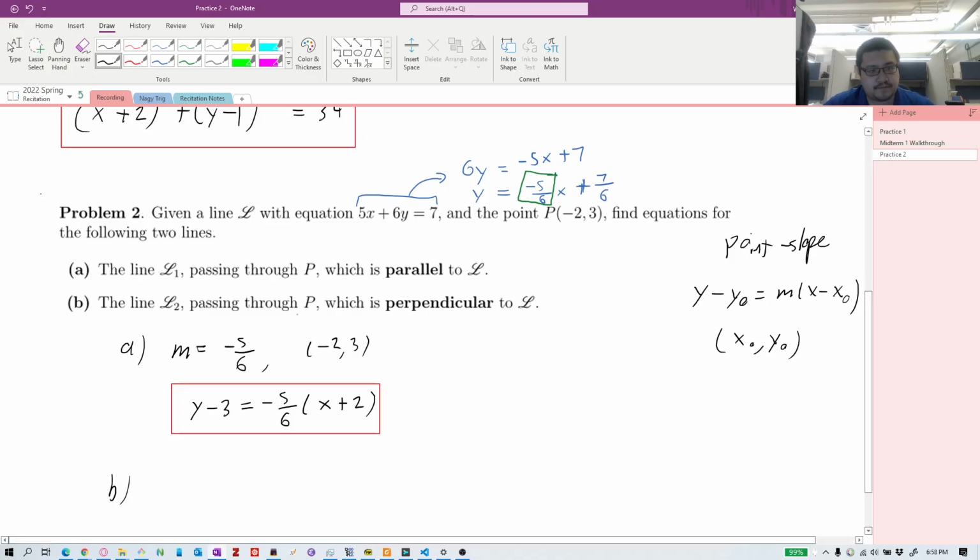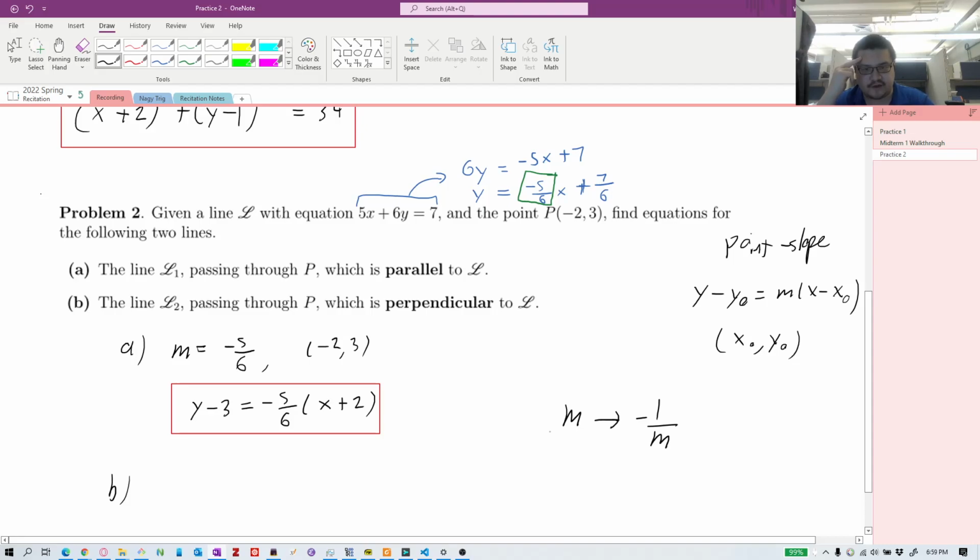Okay, for part B, this time we want the line to be perpendicular and pass through the point. So the key thing we need to know is the property that happens with the slopes of the lines going from a line to a line that is perpendicular: what you need to do is go from m to the negative reciprocal.